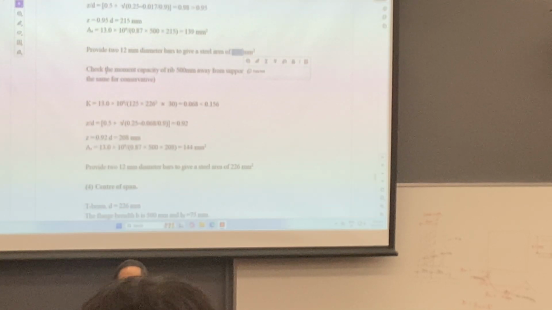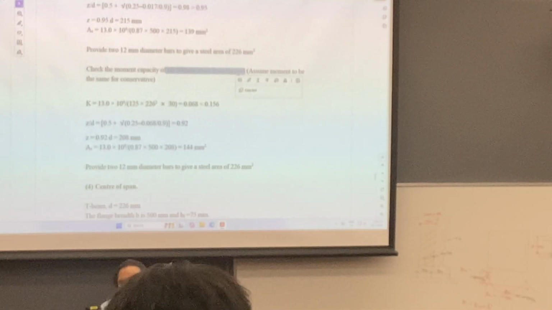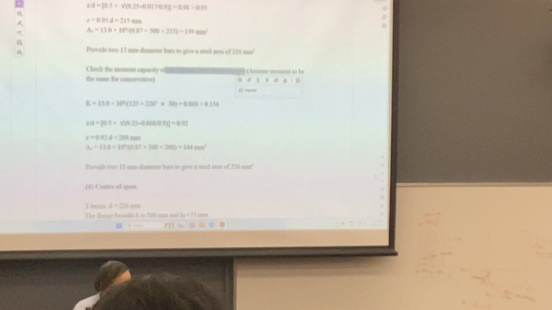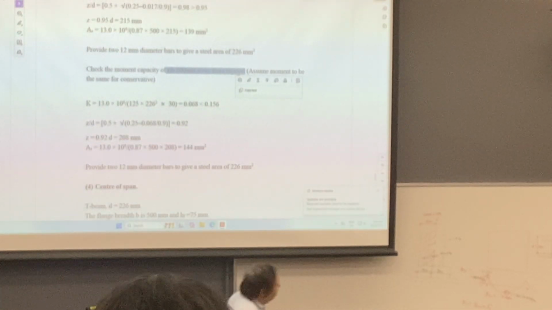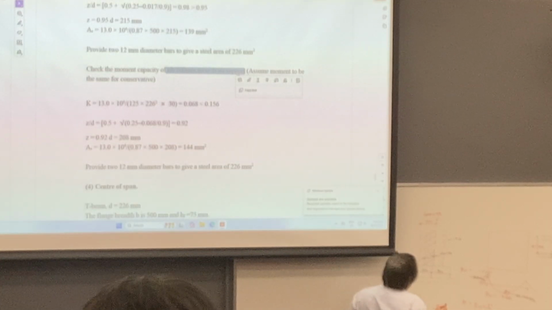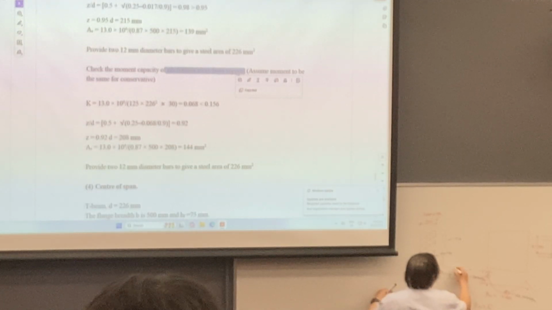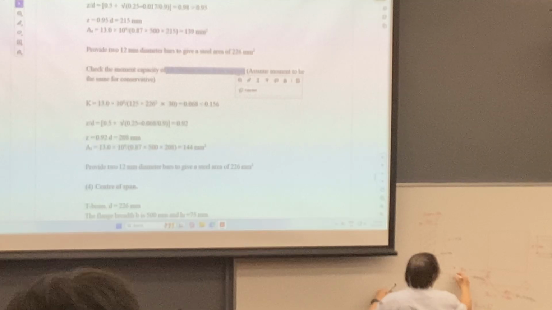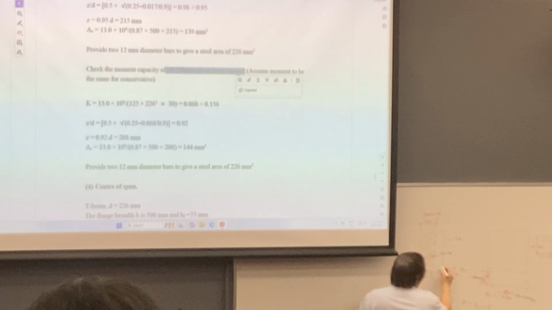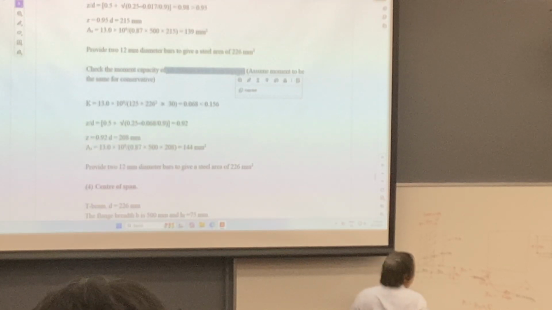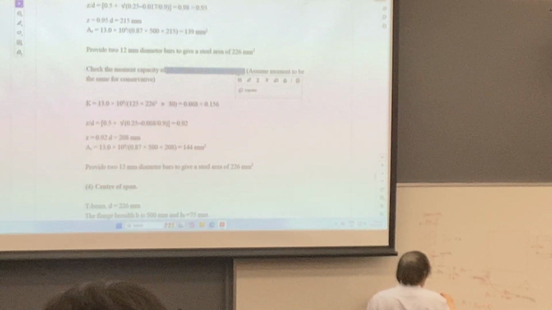And then we can check the moment capacity of the width at 500 mm away from the support. So here you can see that this is equal to 500, so we will check this section. This section will be equal to 125.